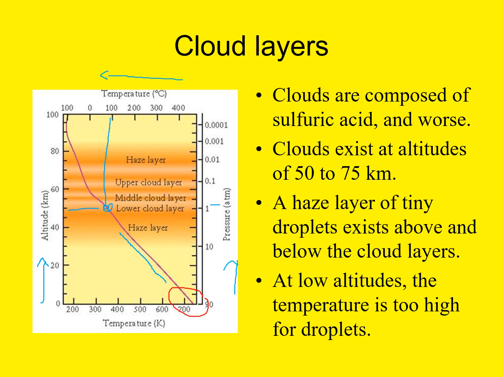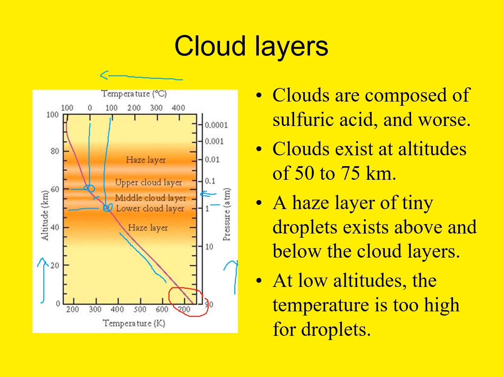But by the time you get up to the upper layers of the clouds up here, so the upper cloud layer, that's about 60 kilometers up. So 60 kilometers up, we're talking like 40 miles or something. Then the pressure is a bit lower here, but the temperature is about 0 degrees Celsius, about the freezing point of water.